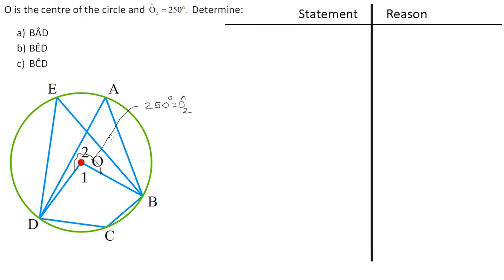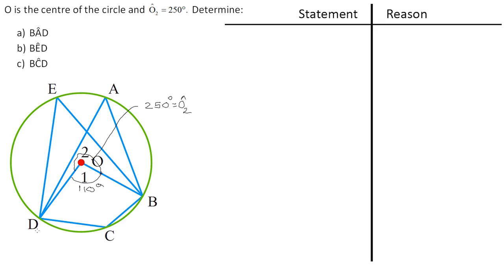Immediately, by looking at this diagram and considering point O, we can find this angle here, which will be equal to 360 minus 250, and that's going to give you 110 degrees.